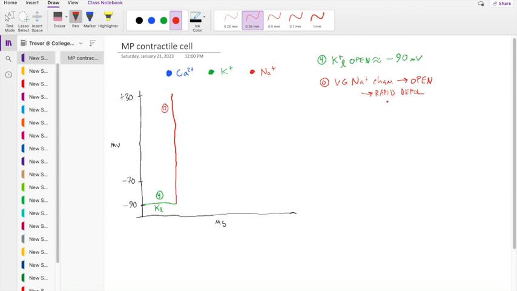Okay, and why does that happen? Well, the sodium rushes into that contractile cell. So we have a lot of positive charge moving into that cell now relative to the outside. Okay, now we're going to involve another potassium channel. And we're going to see this small repolarization here. And we're going to call this step 1 now accordingly.